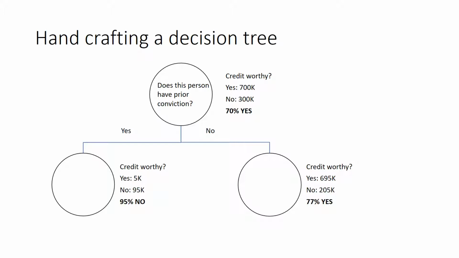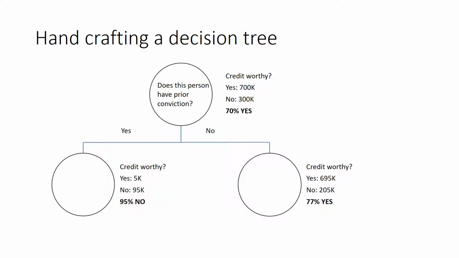I'm assuming that this discrete variable had only two possible options, but there could be more. Before asking this question, my data set was as follows: 700K people, yes, they are credit worthy, and 300K people, no, they are not credit worthy, which means I have 70% yeses.